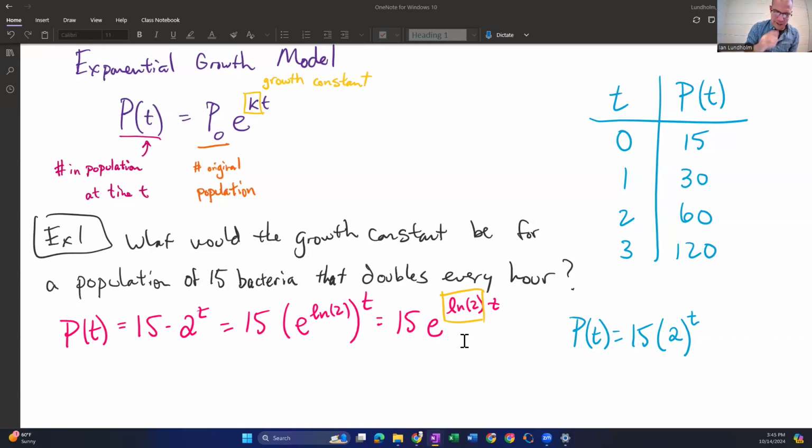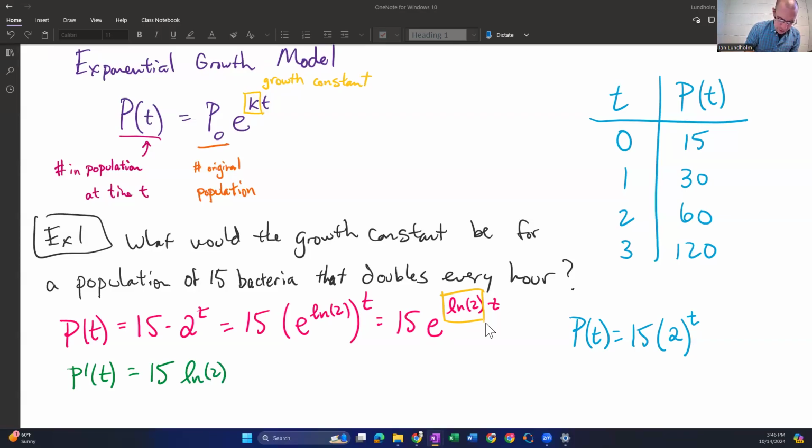Let's go ahead and we'll use green. If we take the derivative of this, we will be starting off with the 15, and we are utilizing the chain rule here. So we are bringing out that natural log of 2.